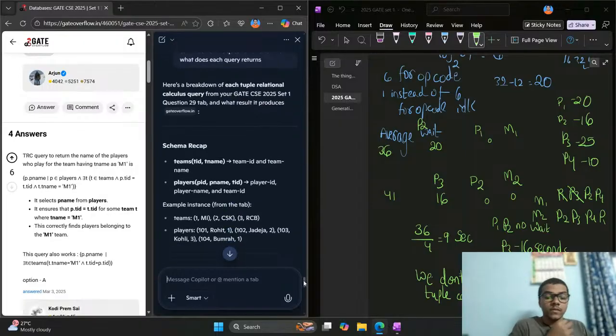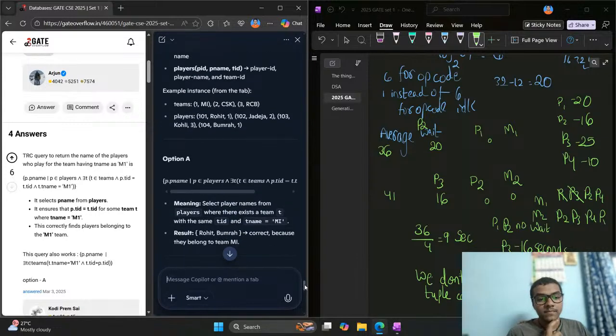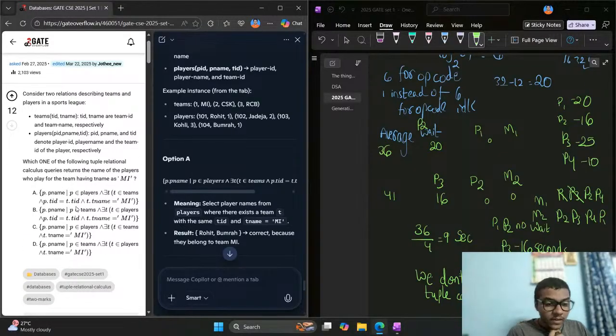Schema recap. Select player names from players where there exists a team with the same team.